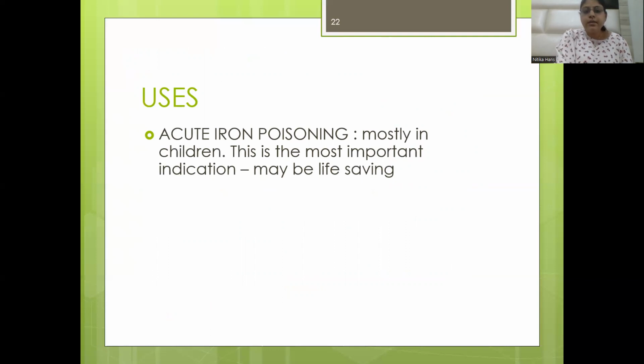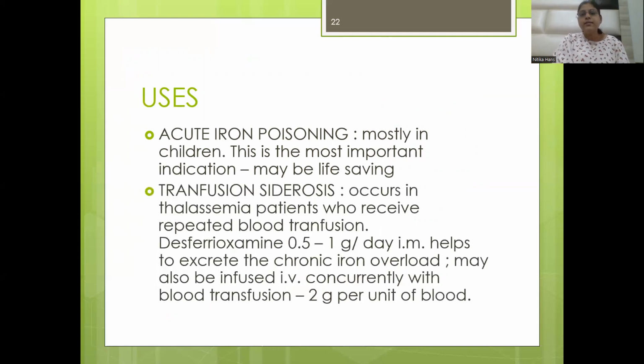It may be life-saving. In transfusion cirrhosis, like in thalassemia patients, repeated blood transfusions can cause chronic iron overload in the body, which can be treated by deferoxamine, 0.5 to 1 gram per day IM.